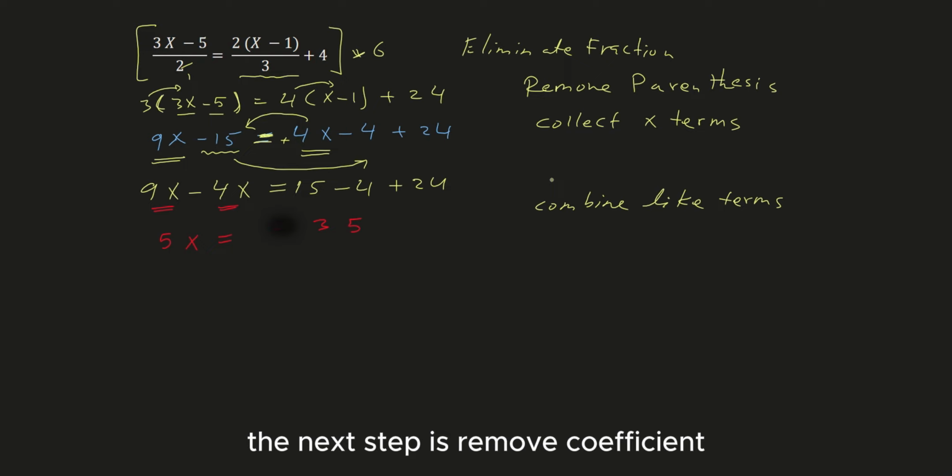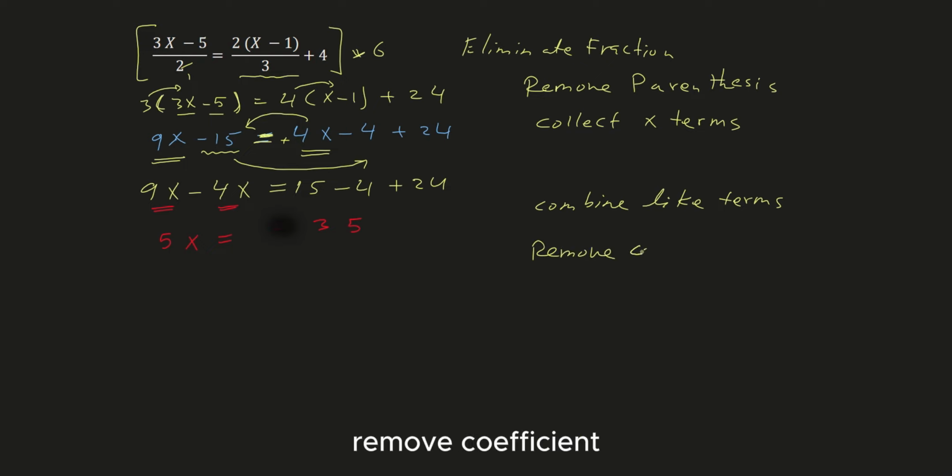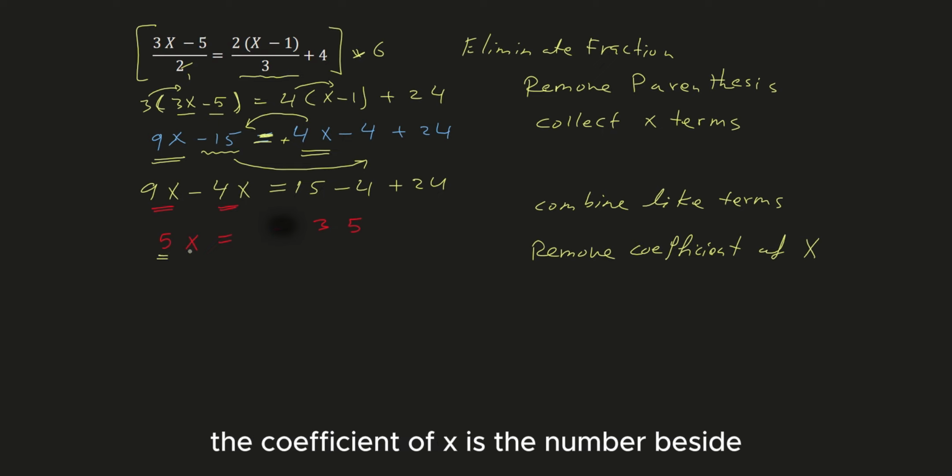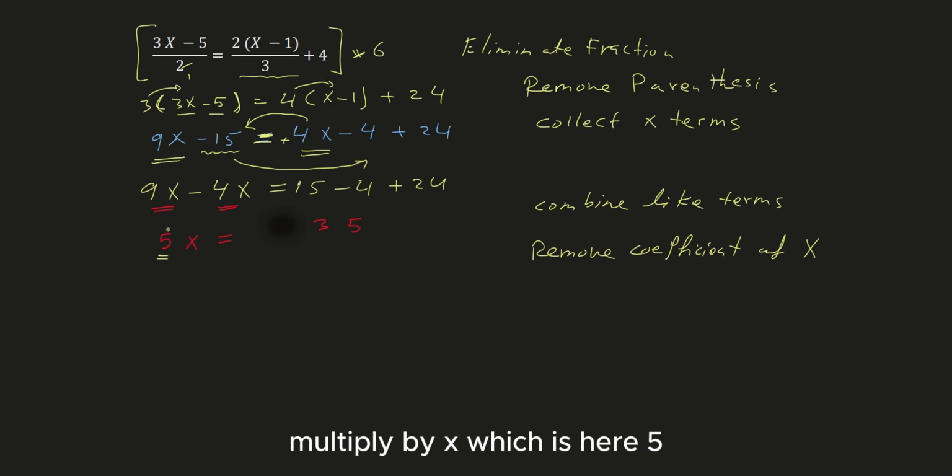The next step is to remove the coefficient of x. Divide both sides by the coefficient. The coefficient of x is the number beside or multiplied by x, which is here 5.